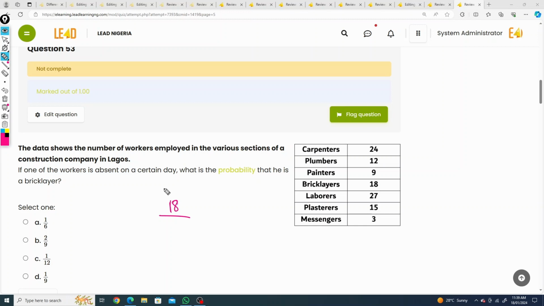That would be 24 plus 12 plus 9 plus 18 plus 27 plus 15 plus 3. So 18 out of 108. I can divide by 9, I'll get 2 out of 12, and then divide by 2 again, I'll get 1 in 6. So there's a 1 in 6 chance that the worker is a bricklayer. That's A.